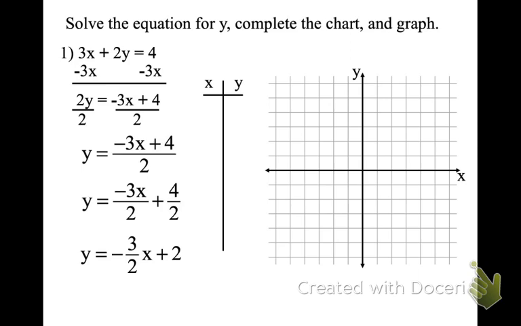Now, if you have a fraction here with the x term, when you make your choices, you want to choose multiples of the denominator. Choose multiples of the denominator. So since 2 is in the denominator, I'm going to choose negative 2, 0, and positive 2.